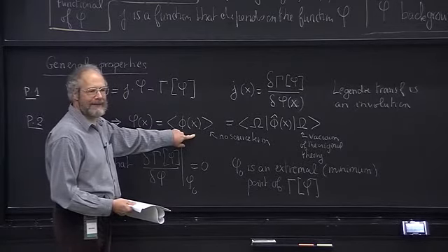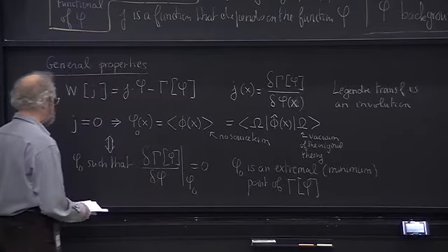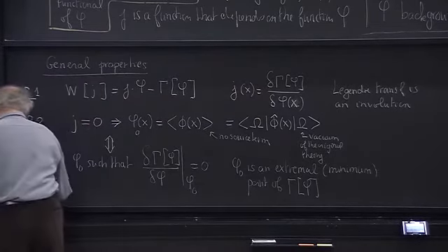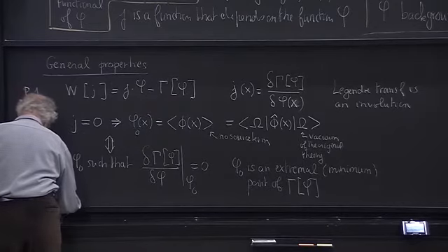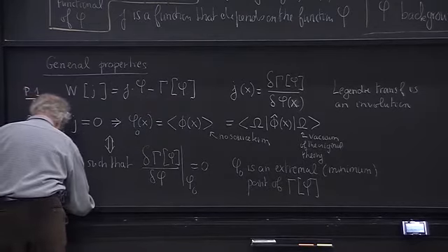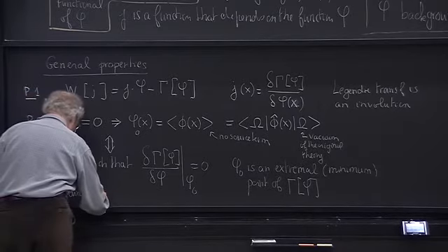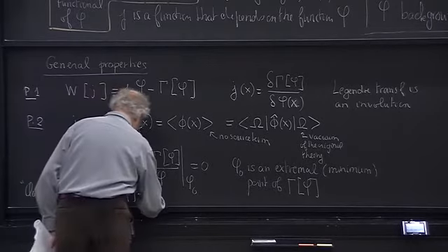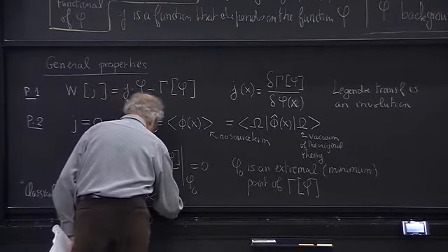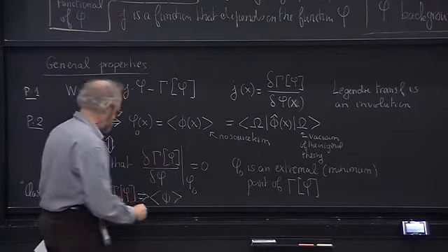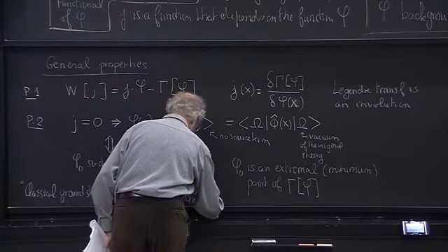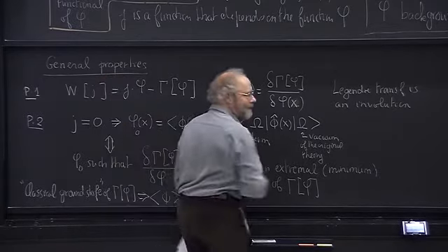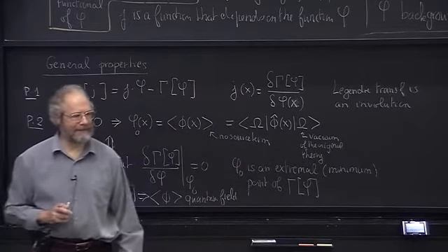So the classical ground state of gamma of phi gives you the expectation value of a quantum field. It gives you some information on the quantum vacuum of the theory.